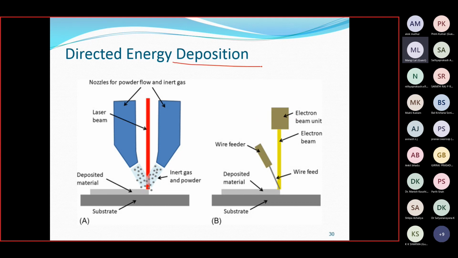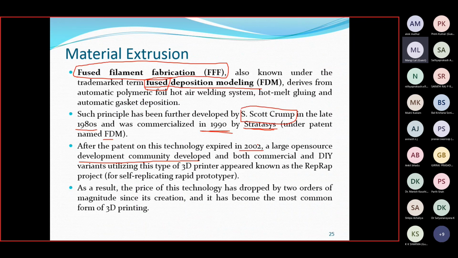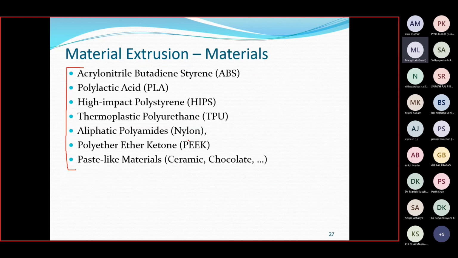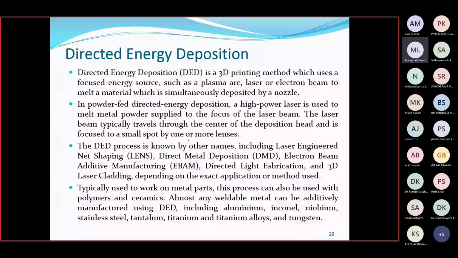That's why it is called energy deposition. We are providing energy to be deposited from one place to another place. And in the previous one, what we are providing is fused material. The fused material is deposited. The material itself is deposited from one place to another place. Okay, that's the difference between both of them.